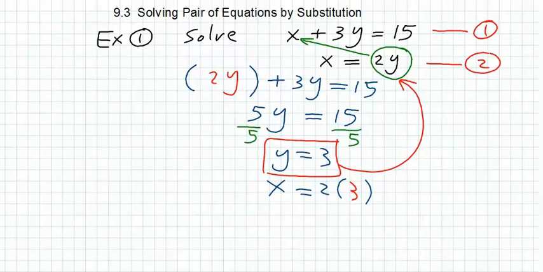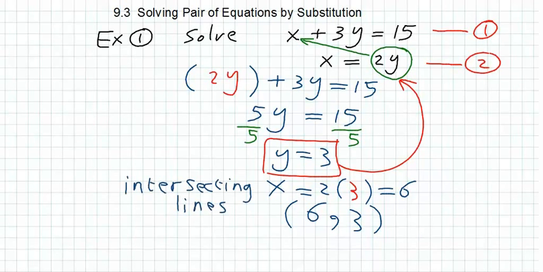And this is equal to 6. We finished solving. We found the value of x. We found the value of y. So we have a point of intersection, (6, 3). The conclusion is that our two lines are intersecting lines.